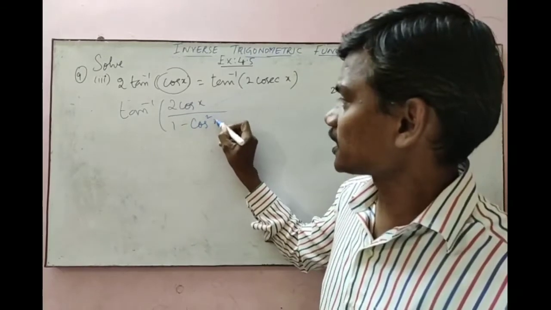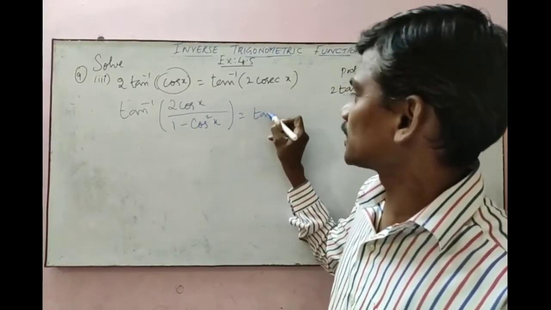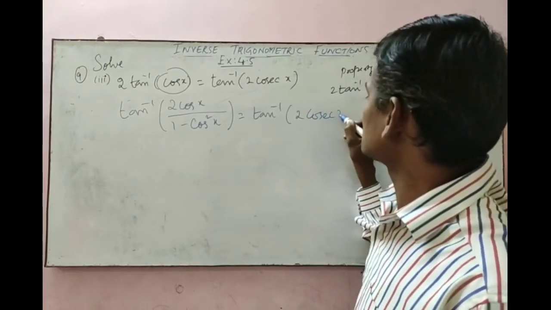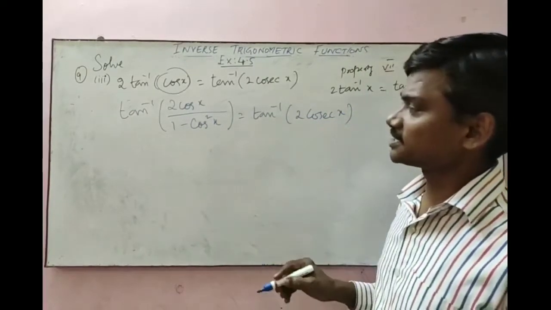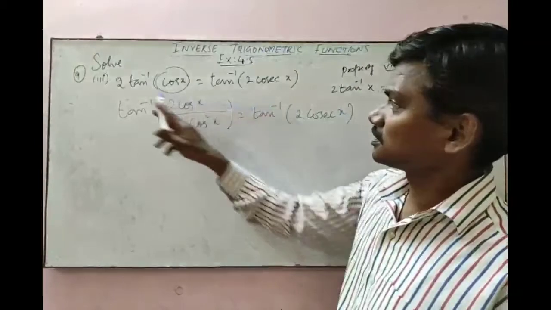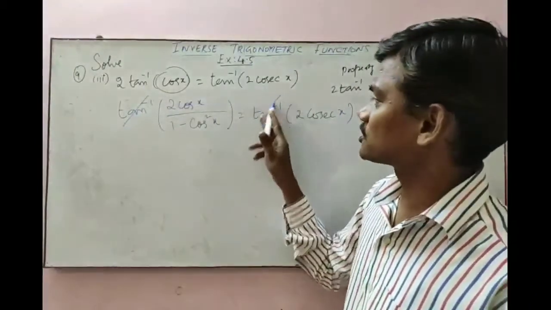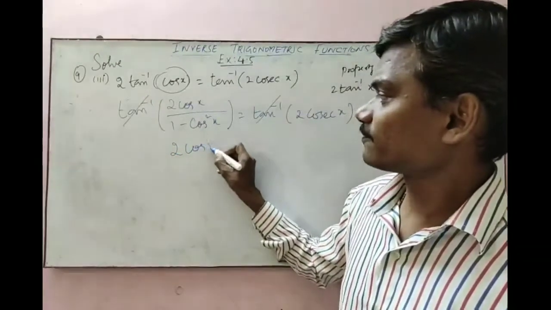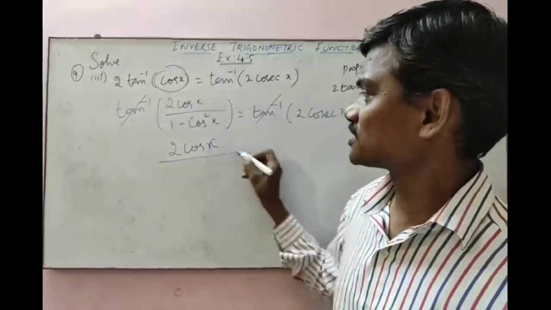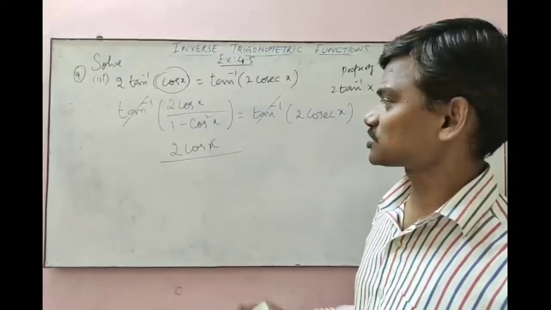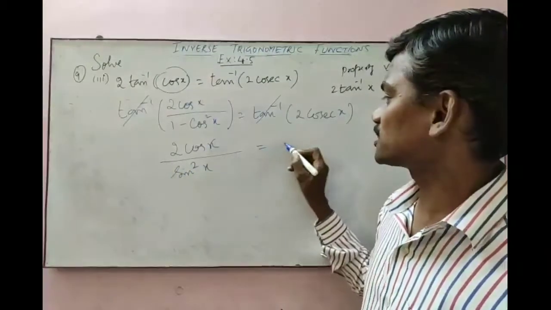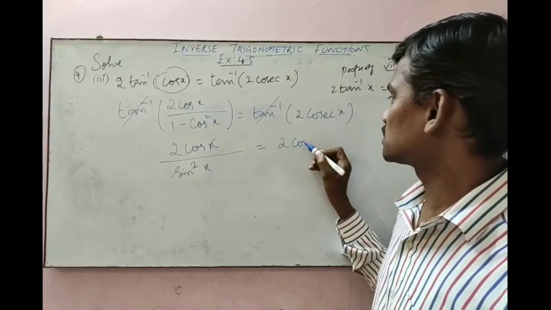So 1 minus cos square x, equal to right hand side tan inverse of 2 cosecant x. Write the right hand side as it is, because then only tan inverse and tan inverse get cancelled. You will get 2 cos x in the left hand side. How will you write this 1 minus cos square x? 1 minus cos square x can be written as sin square x, equal to 2 cosecant x.